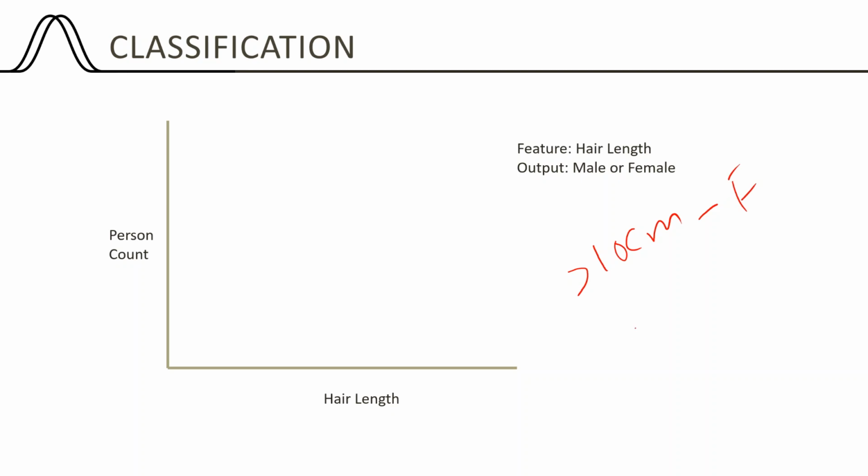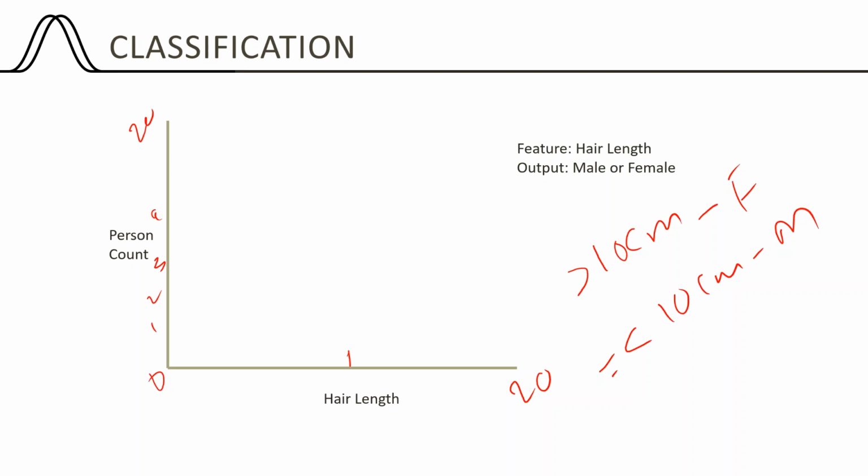If it is less than or equal to 10 centimeters, we will say male. This is 0 and this is 20, and this is just the count of the person. How many persons? First person, second person, third person, fourth person, let's say up to 20 persons, right?